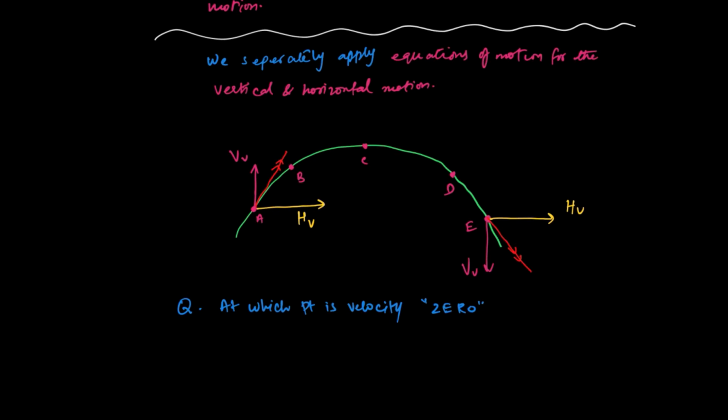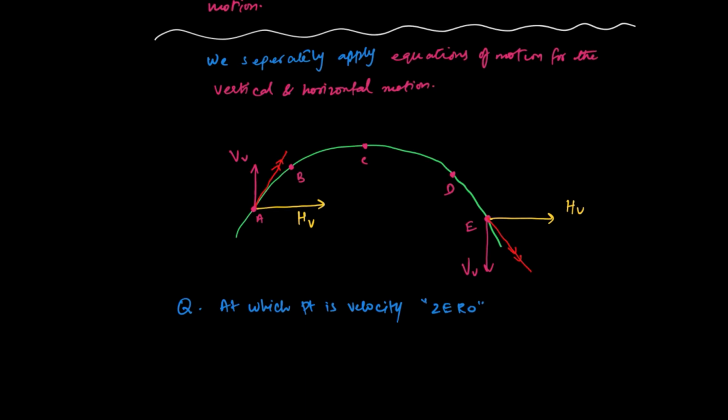So it says that there's an object and there are no specific values. Everything is just theory, based on variables. There is an object which has completed its projectile motion. The first question says at which point its velocity is zero, and we all know that velocity is never zero.